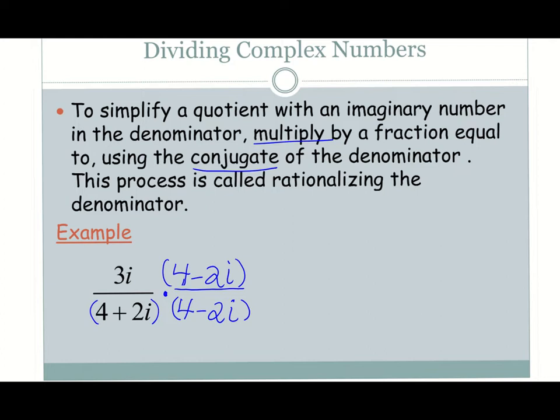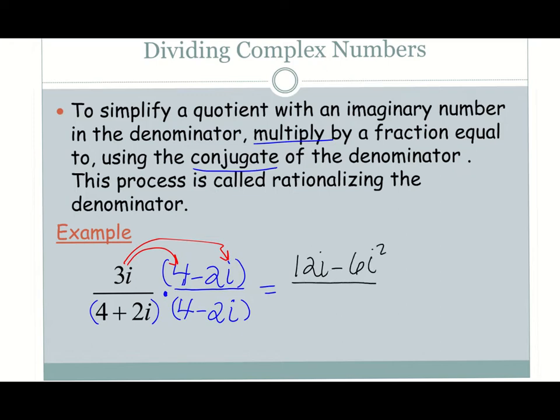So now I just have to multiply through. So on the top, I have 3i times 4 and 3i times negative 2i, which gives me 12i minus 6i squared.